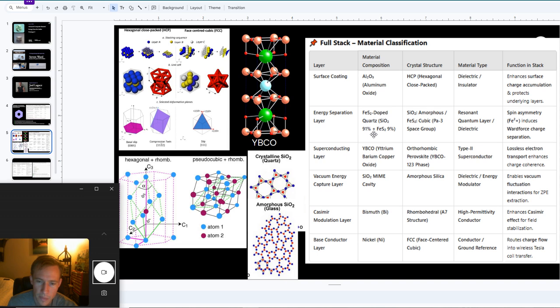So basically 91% quartz, maybe 9% FeS2, for example.